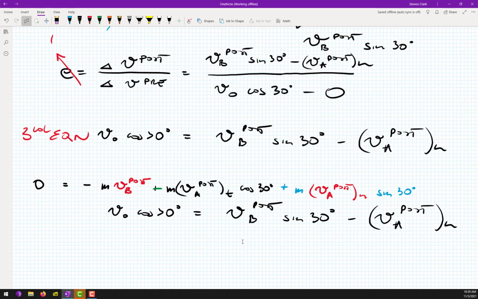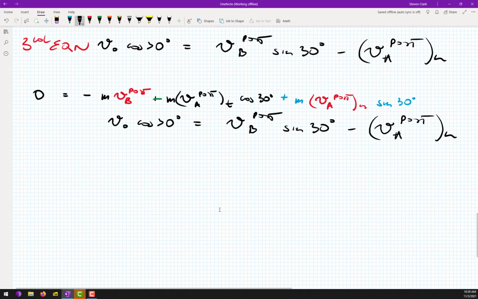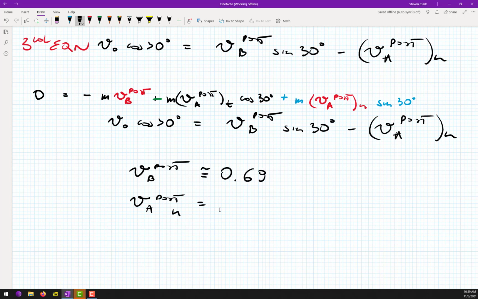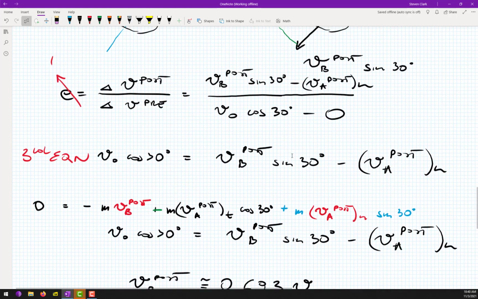Plug in values wherever you want and solve for VB post and VA post N. Sorry, N. And you will find that this guy is approximately 0.693 V0, and the other one is 0.520 V0.